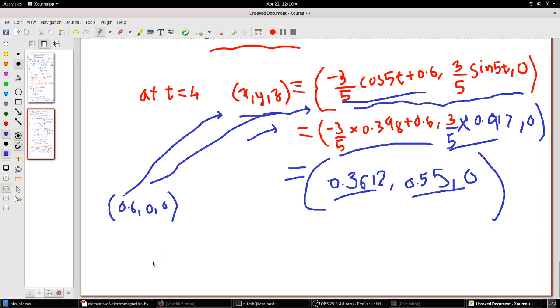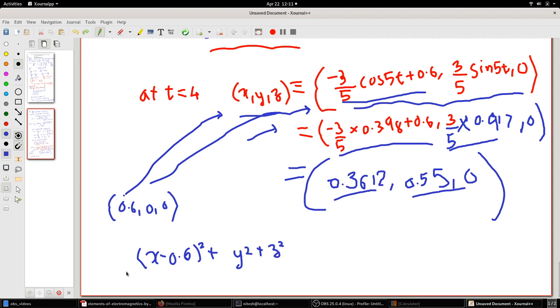So I can equate this as x minus 0.6, the whole square, plus y square, plus z square. This is the distance of this point from the charged particle at any given time.